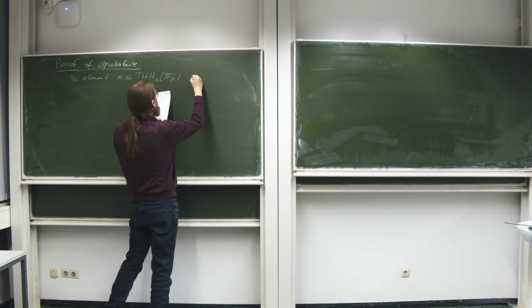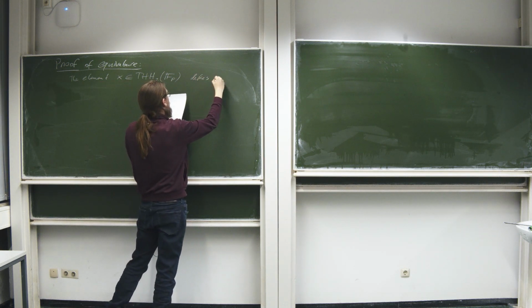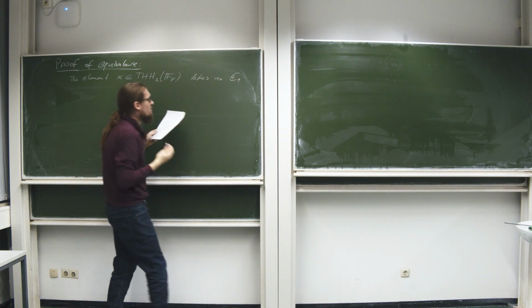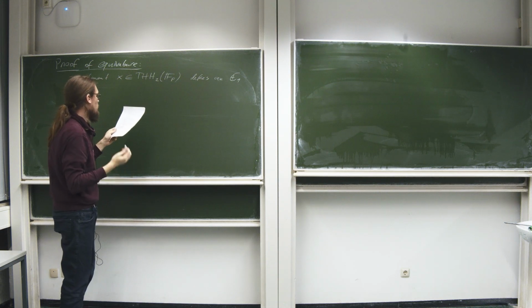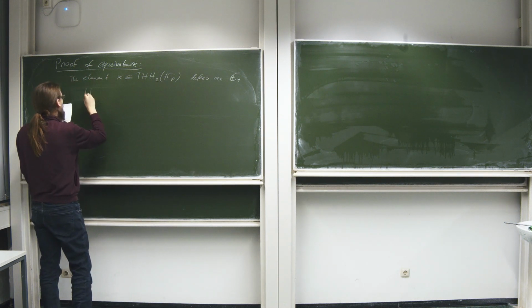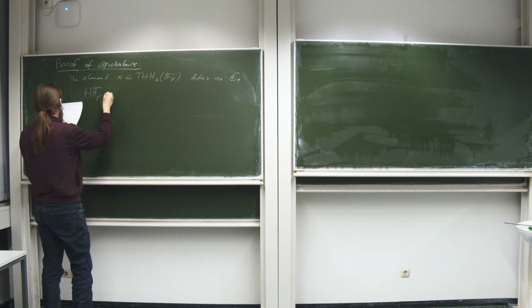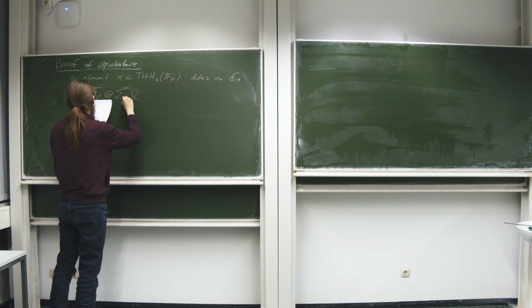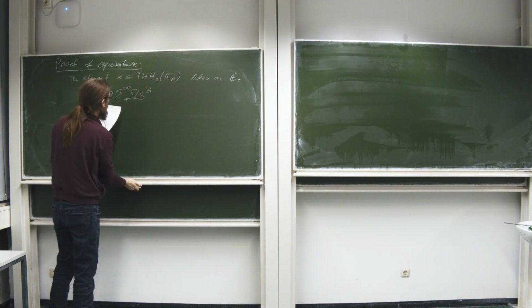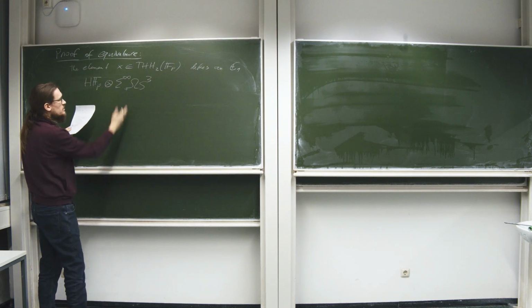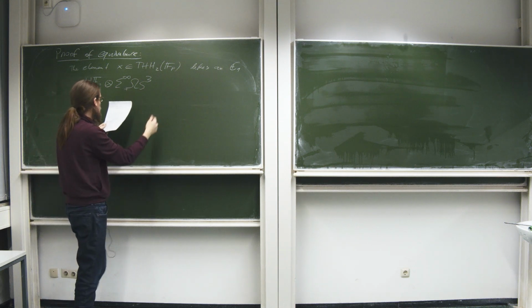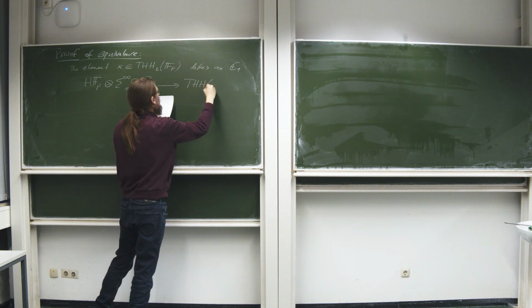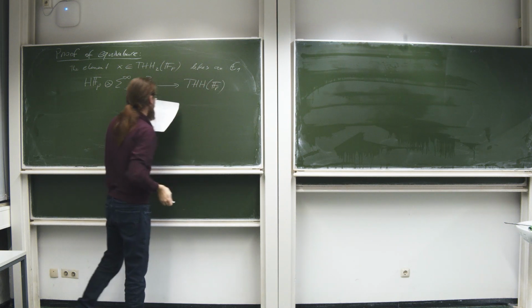So this defines an E1 map, so a map of E1 HFp algebras from this algebra HFp tensor sigma infinity of loops S3 to THH of Fp.